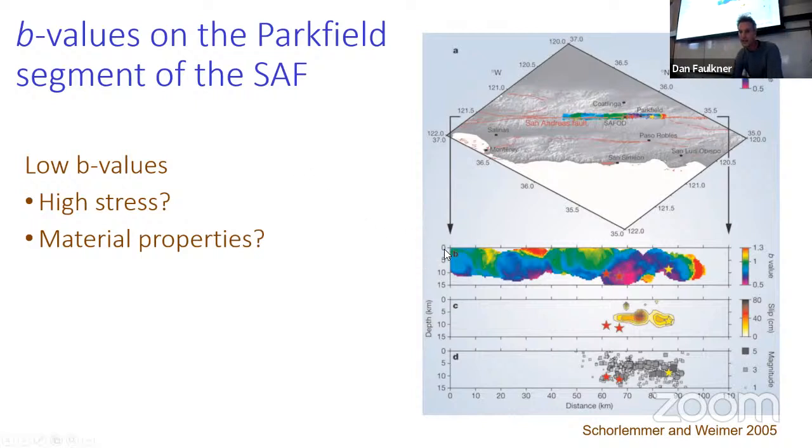We've got depth down the left-hand side, and then this is along the strike of the fault. And the colors that we can see are events that occur on that fault, which have been analyzed in terms of their B value. So in Schorlemmer and Wiemer's paper, they interpreted this to be showing us what stress levels were on the fault zone.